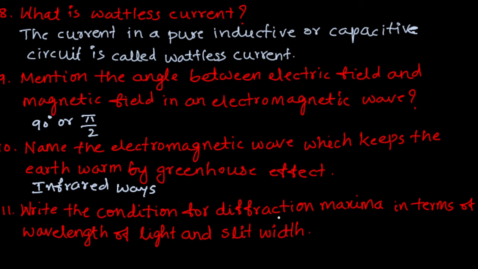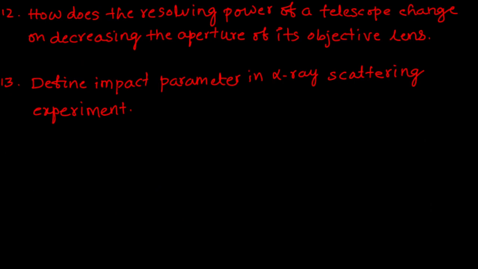Then write the condition for diffraction maximum in terms of wavelength of light. How does the resolving power of a telescope change on decreasing the aperture of its objective lens?